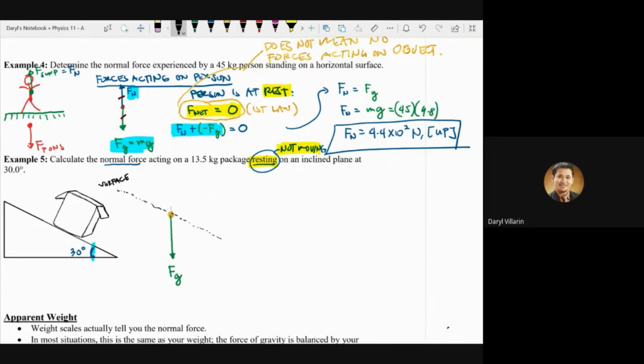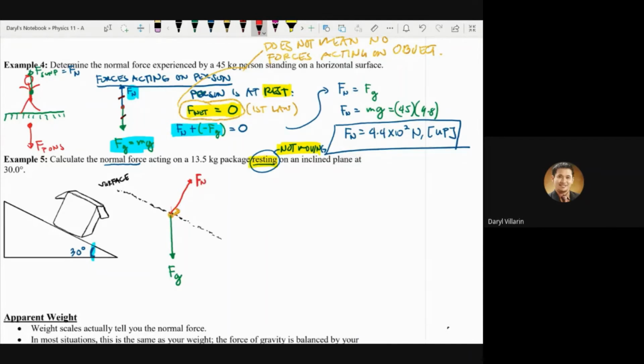The black one is my surface. Normal force is a force exerted by the surface on the object, and its direction is always perpendicular. That means this is 90 degrees here. There, that will be my Fn.